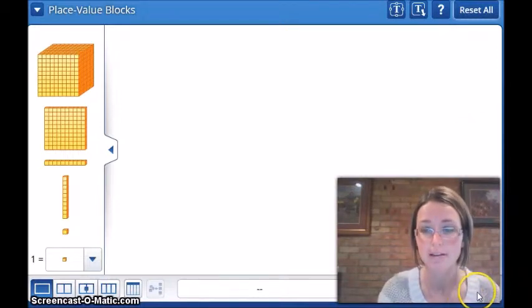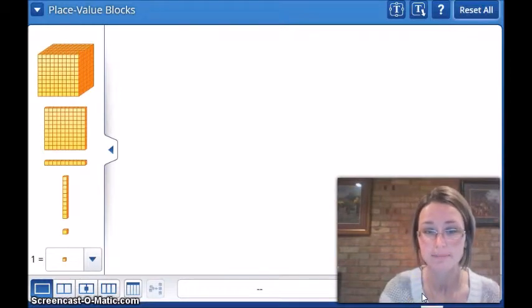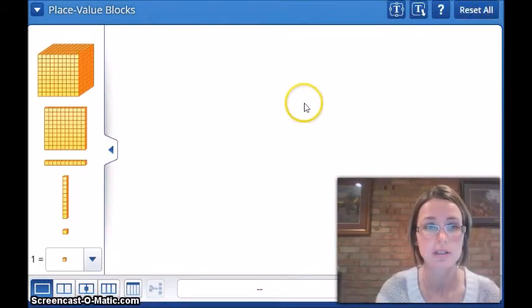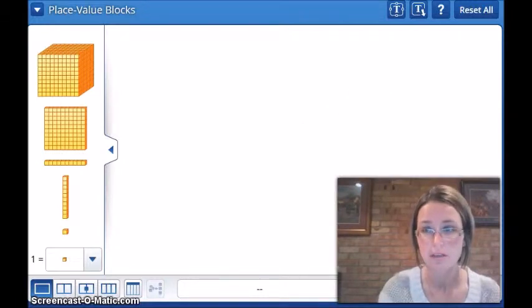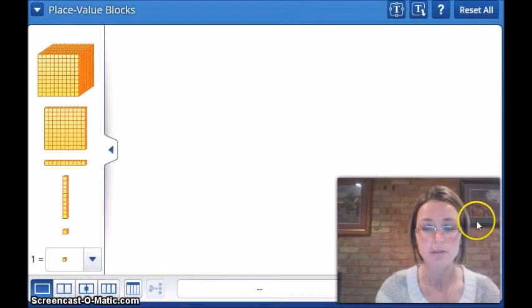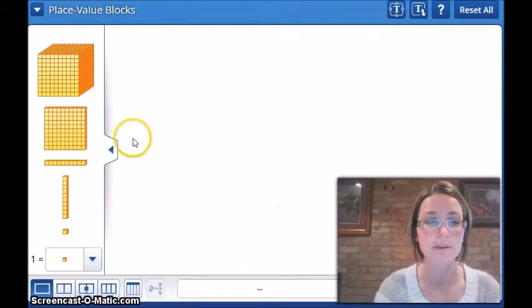So we have the hammer to break apart the units. We have the glue to put them back together. We have the eraser to erase. And then we also have the pointer to go back to click and draw. If we go up in the other corner, it says reset. That's to delete everything back to normal. So I'm going to put my picture back down in the corner, but you guys will still be able to see your tools in front of you.